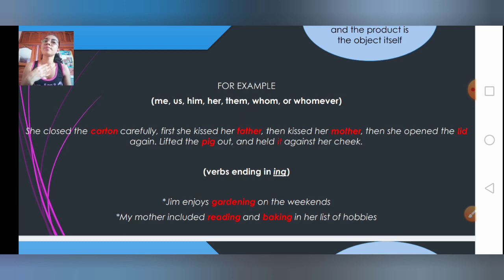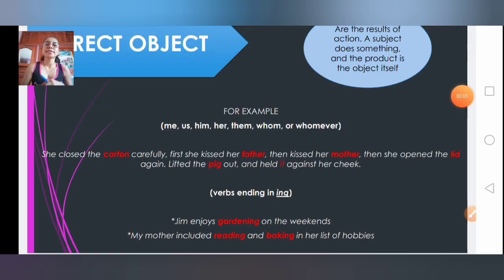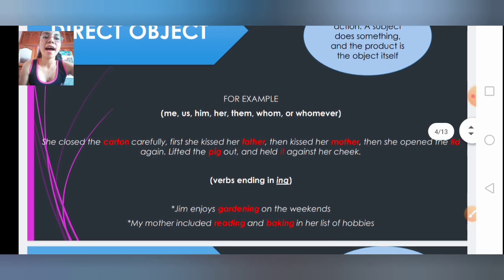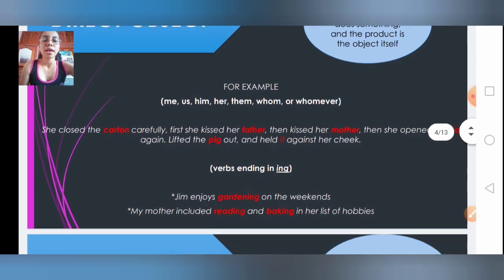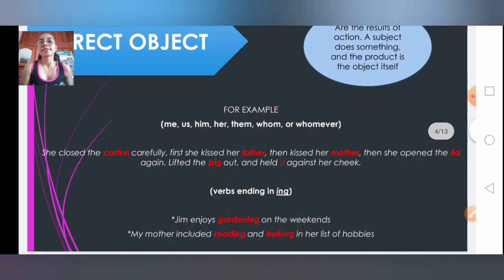Also, there are nouns and pronouns. Sometimes verbs ending in ing that act as nouns also serve as direct objects, right?